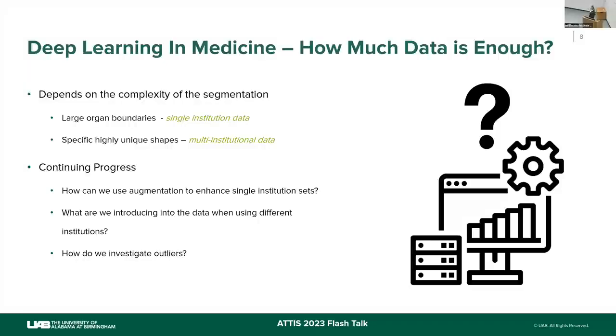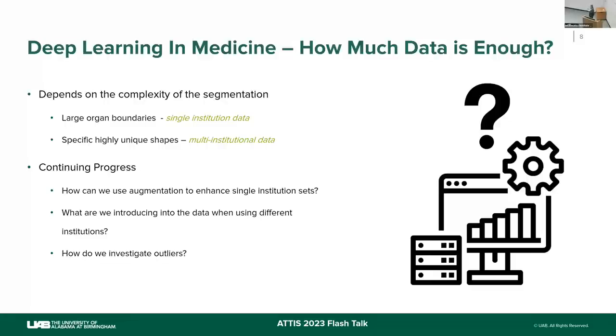So now that we found these initial findings, find the kidneys, can't really find the cysts, we're looking at how we can use other types of data augmentation to help enhance these single institutional sets. Flipping, grid distortion is what I already have, but there are definitely other things that we can do. We're looking at more advanced architectures. I have someone in my lab who's looking at the nnU-Net, the most cutting edge for image segmentation.